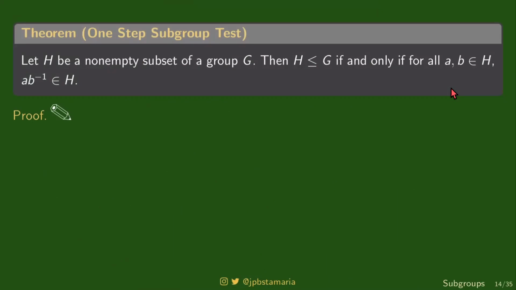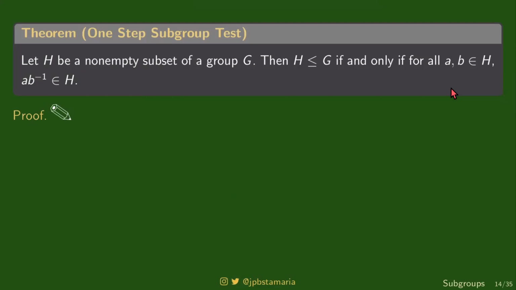So sabi, let H be a non-empty subset of a group G. So dapat si H ay non-empty, okay? Then the following are equivalent. H is a subgroup of G if and only if, ano yung condition? Kailangan for all A and B in H, dapat yung product na A B inverse is in H. Did you understand?